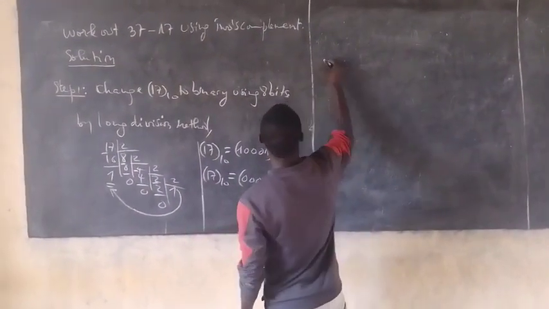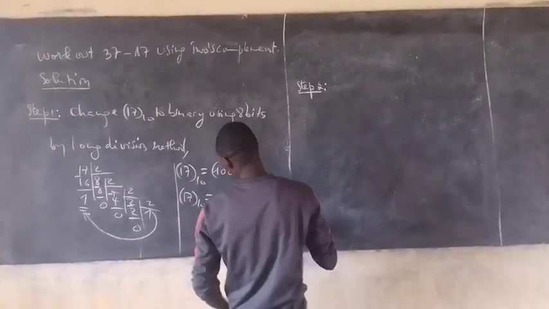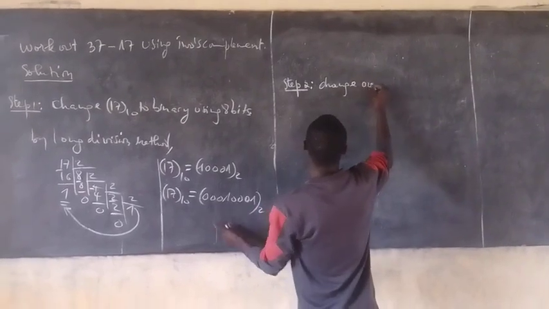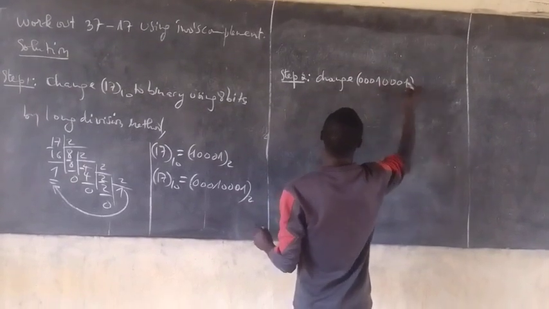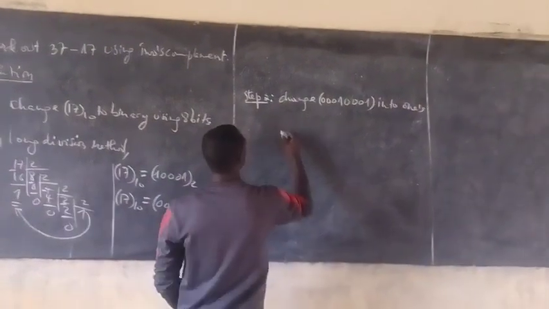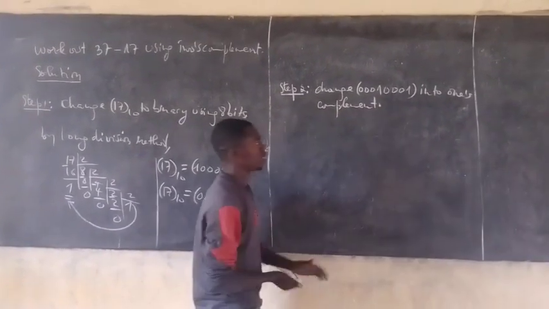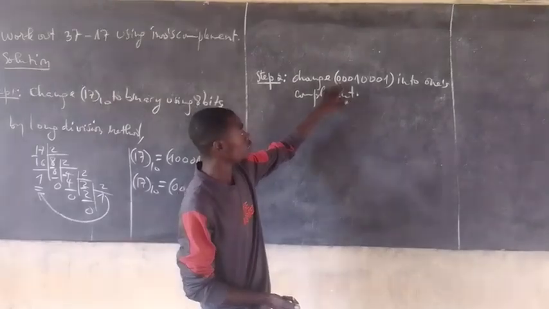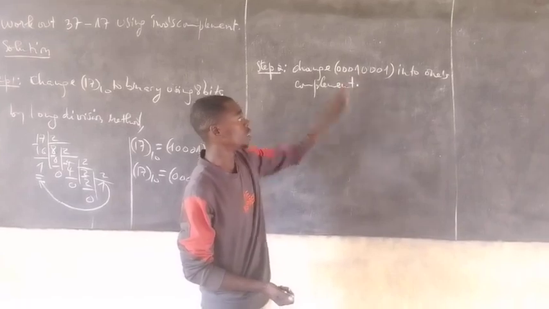Step 2. Change these bits 0, 0, 0, 1, 0, 0, 0, 1 into 1's complement. To get these bits by using 1's complement, we invert or convert each 0 bit into 1 and each 1 into 0.